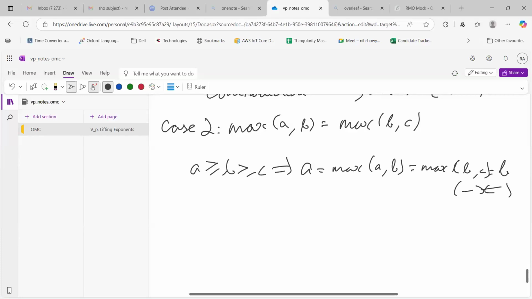Then what is the next case? Sub case: if B is less than both A and C, then A equals C must hold. Yes, this case gives A equals C. What about B greater than or equal to A comma C?